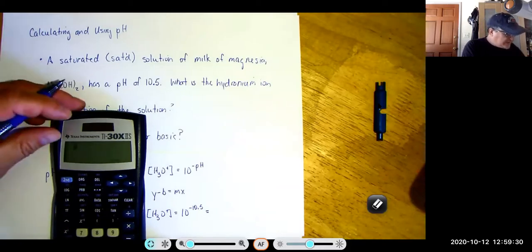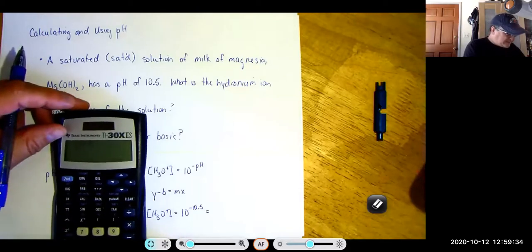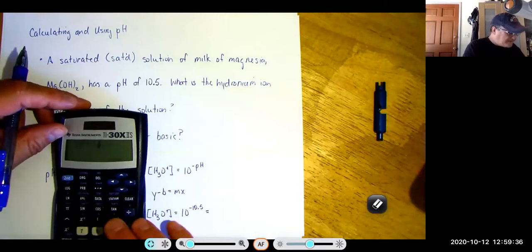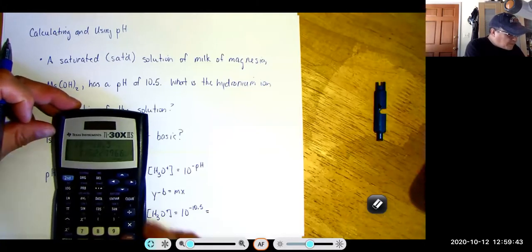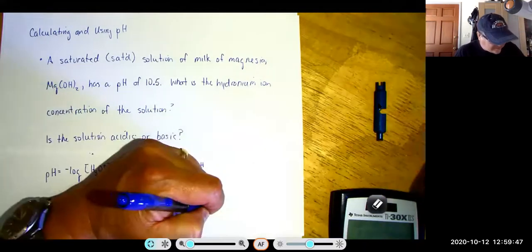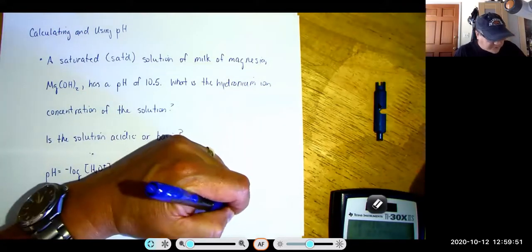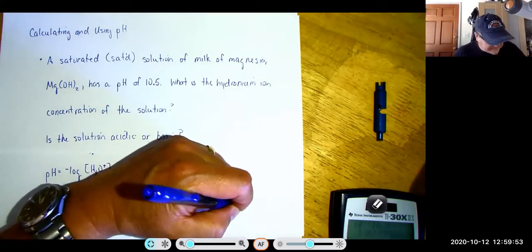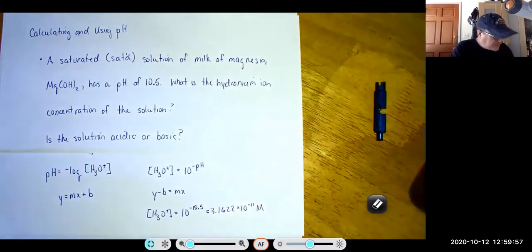So you put 10 caret negative 10.5 and then enter. And it's hard to tell, but this says 3.1622 times 10 to the minus 11. 3.1622 and some more numbers. And that is a molarity concentration.